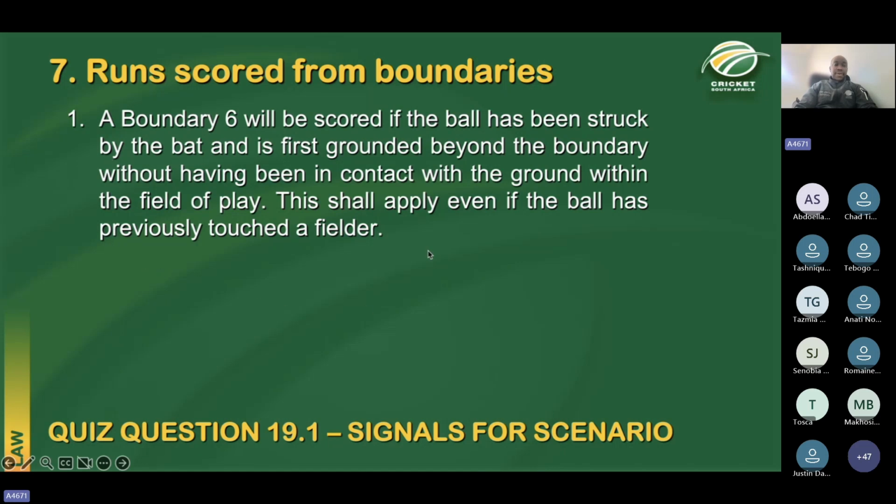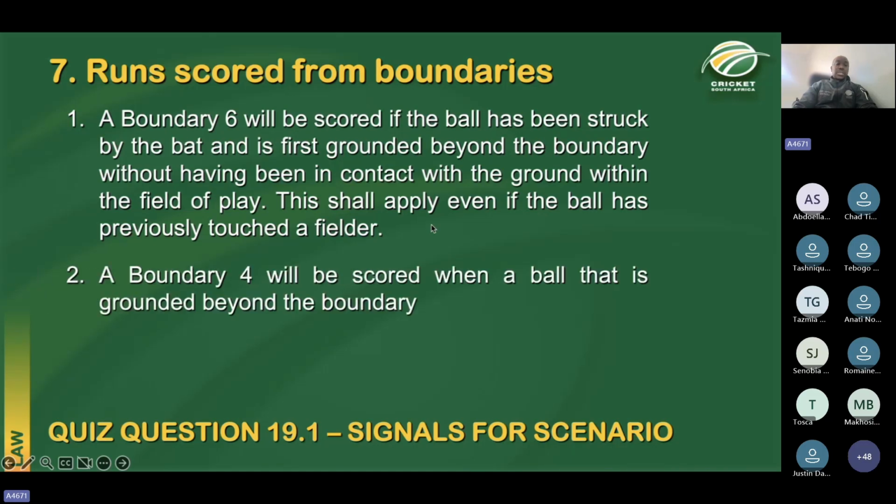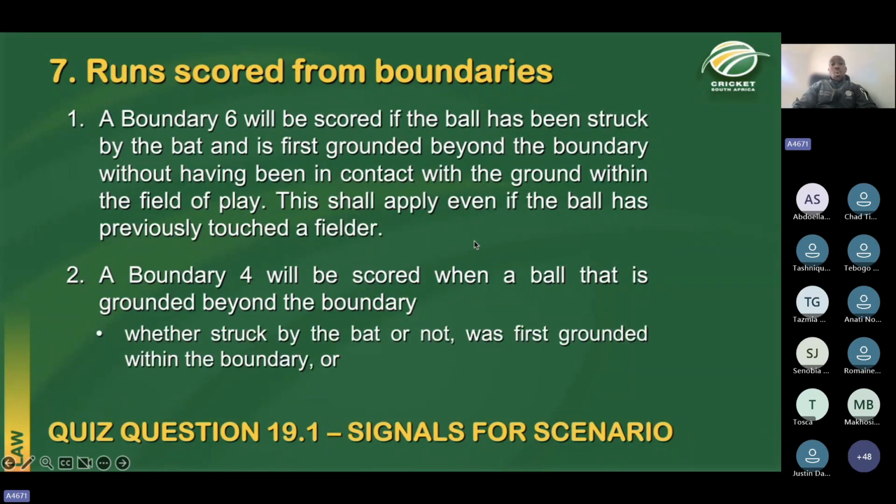Okay. Very important. That's going to be crucial in our quiz question 19.1, coming up after the definition of boundary 4. Law tells us that a boundary 4 will be scored when a ball that is grounded beyond the boundary, whether struck by the bat or not, very important, was first grounded within the boundary or has not been struck by the bat.